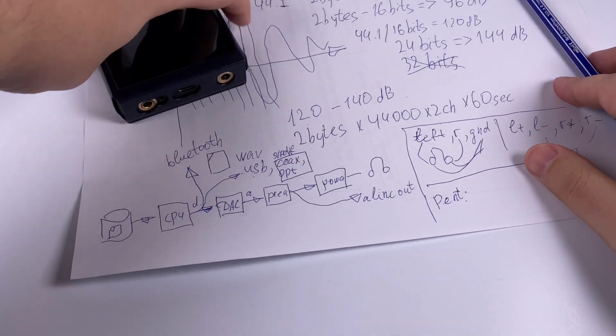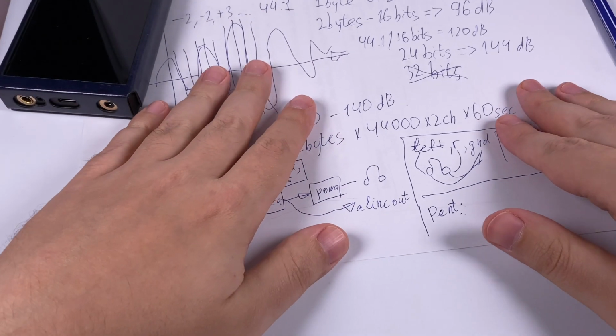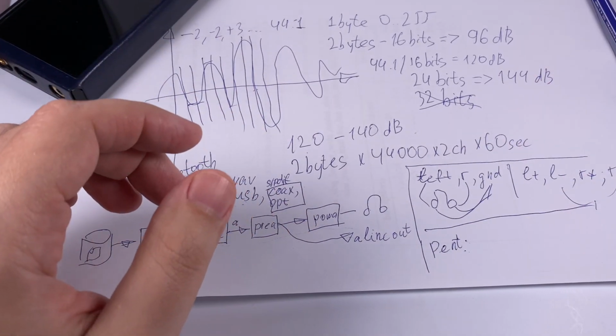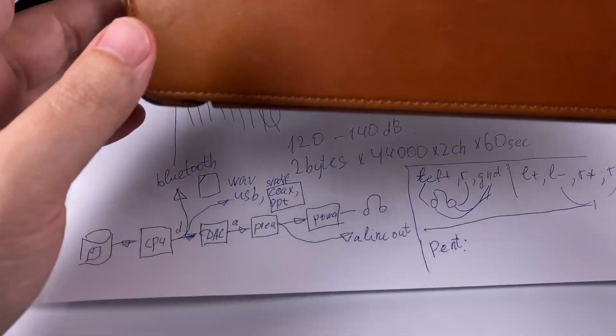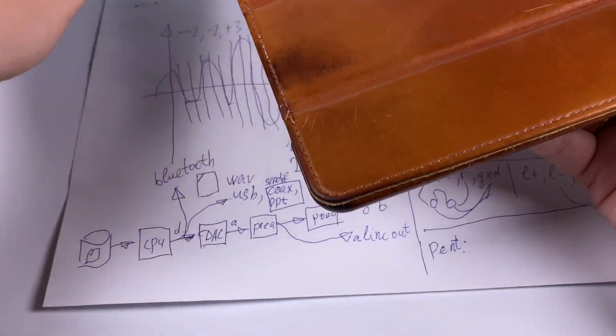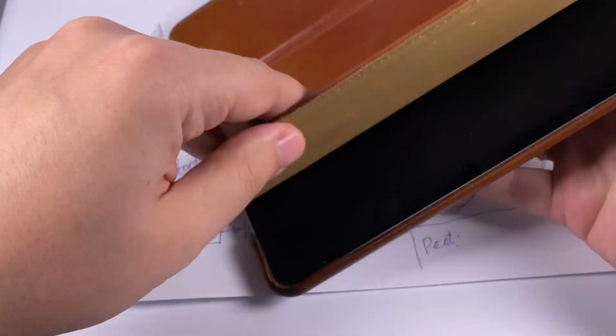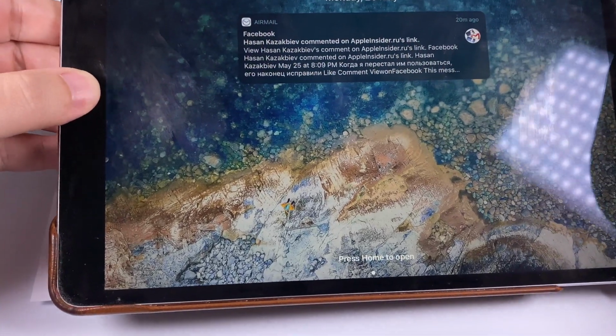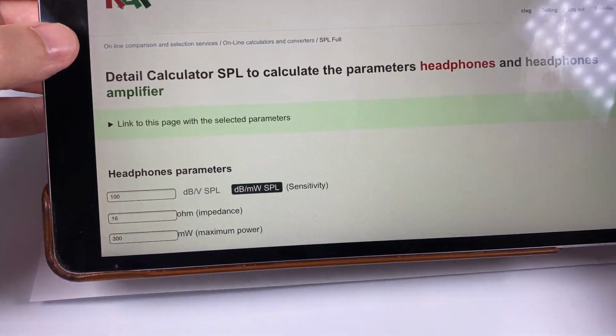Another thing I wanted to show you is a nice and useful site that will help you answer the question: will this amplifier, player, or digital to analog converter be enough for my headphones or not?